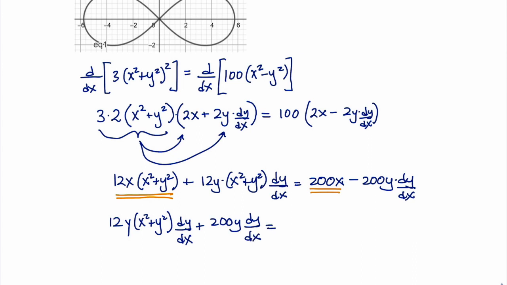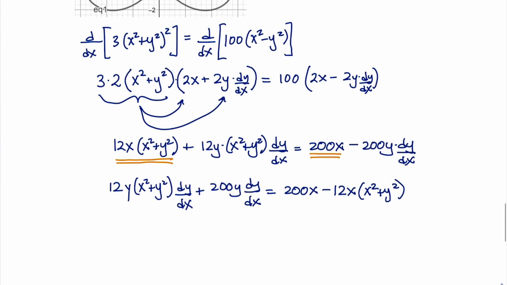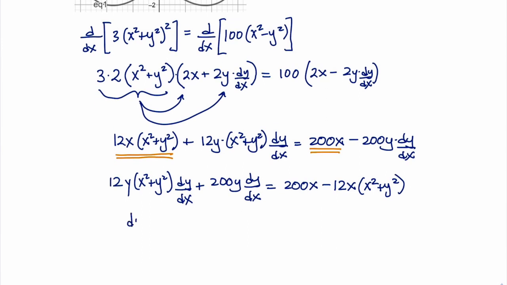And then on the left side, oh, that's going to be the right side now, I'm going to leave the 200x, and I'm going to subtract 12x times x squared plus y squared, that whole group. Then I will factor out dy/dx. And that will be multiplied with 12y times the group x squared plus y squared plus 200y.